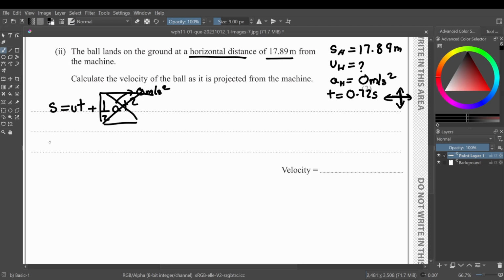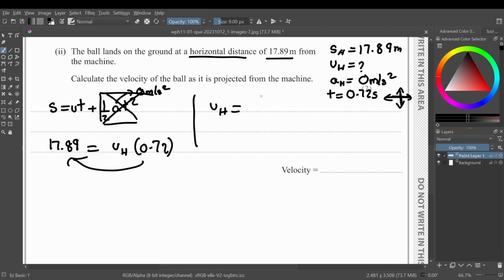So S is 17.89, U is what we need to find, and T is 0.72. So once you divide 17.89 by 0.72, you will get 24.8, or if you round it off, it will be 25 meter per second. So your final answer is 25 meter per second.